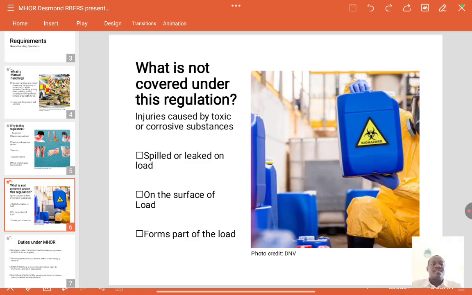So in chemical manufacturing industries, when lifting is being done and the injuries are caused by chemicals or toxic corrosive substances, although it is a manual lifting activity in manufacturing companies, this is not covered under the manual handling operations regulations.